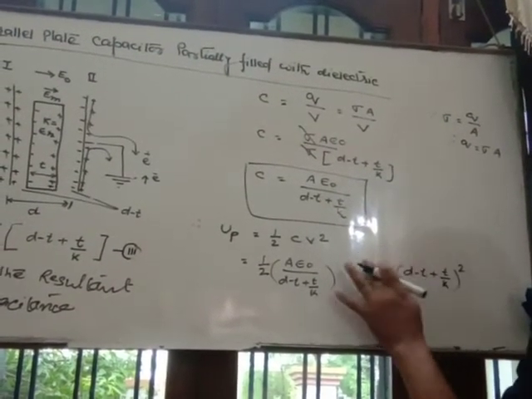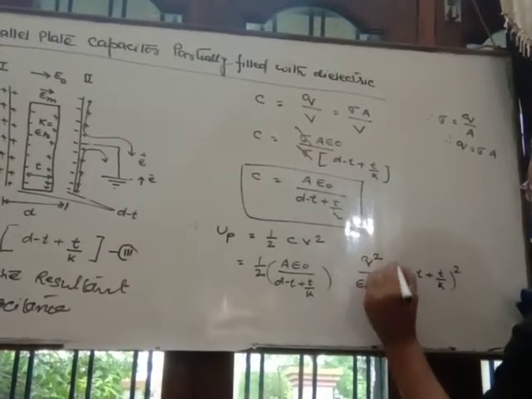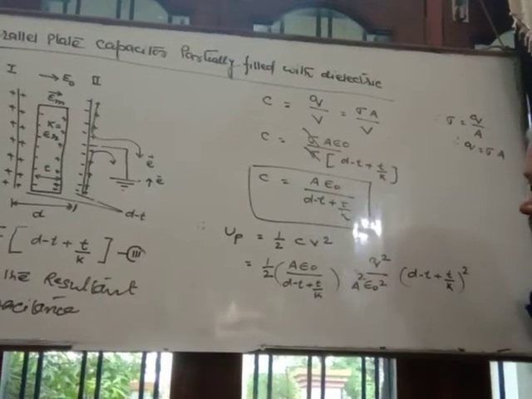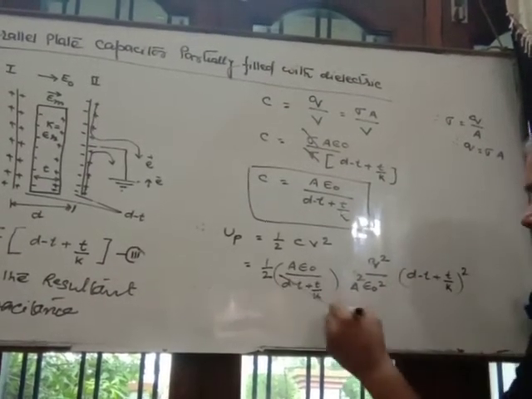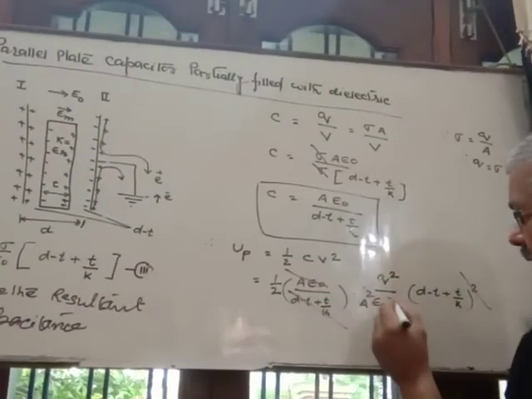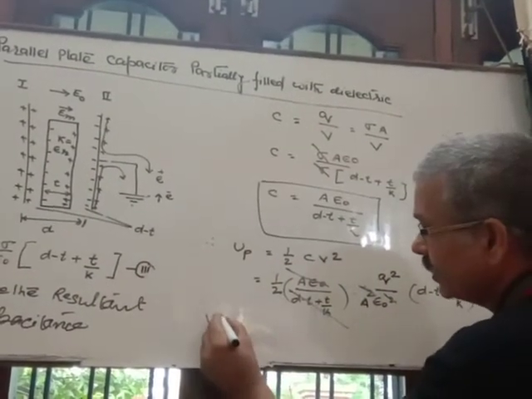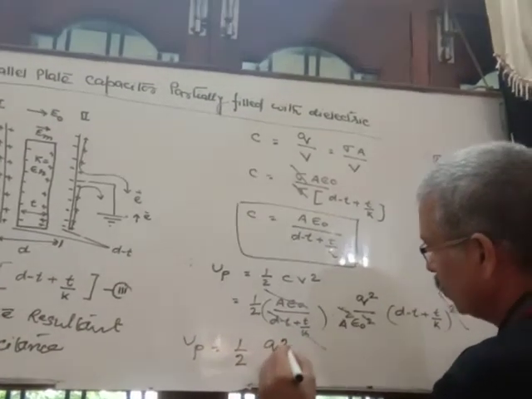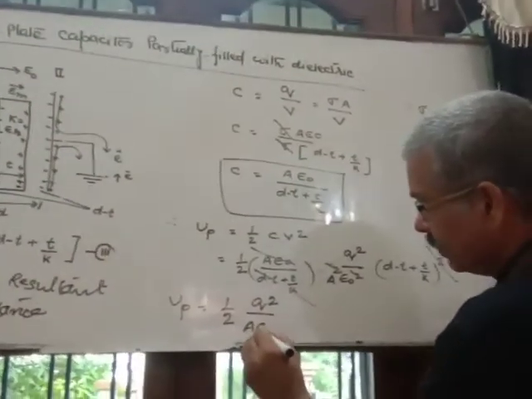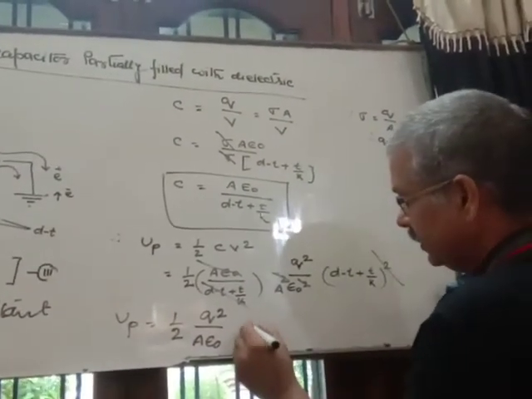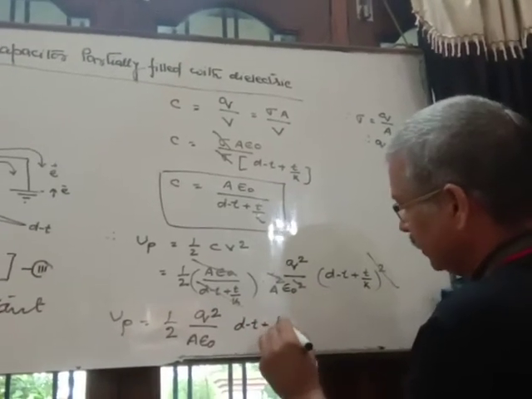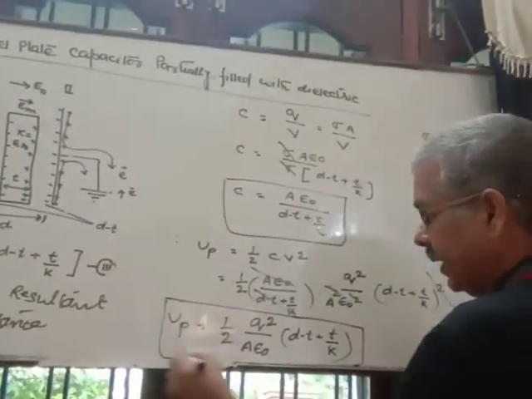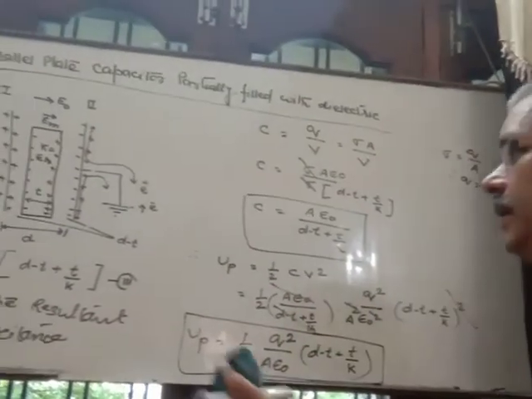Here, (D minus T plus T by K) gets cancelled, and one A epsilon 0 gets cancelled. So finally, the potential energy is equal to half Q square divided by A epsilon 0 into (D minus T plus T by K). It is the stored potential energy in a parallel plate condenser when partially filled with dielectric.